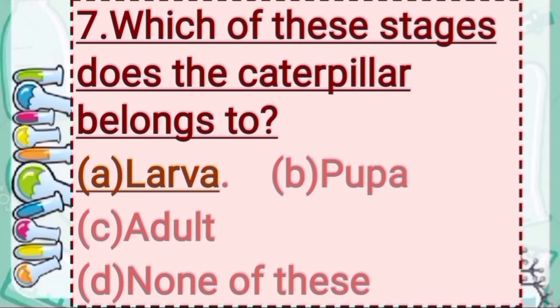Answer is option A, larva, because in the life cycle of a butterfly, the larva of the butterfly is known as the caterpillar.